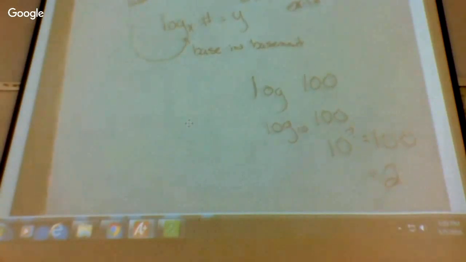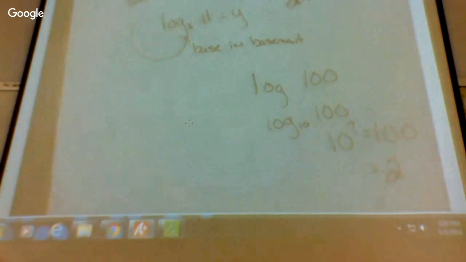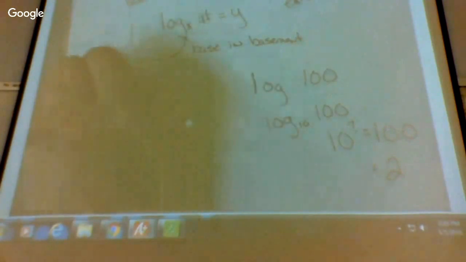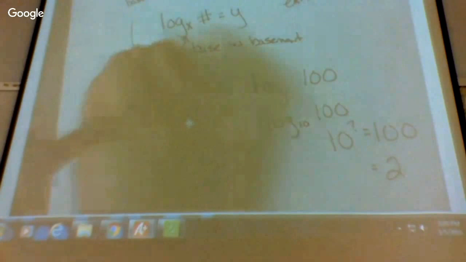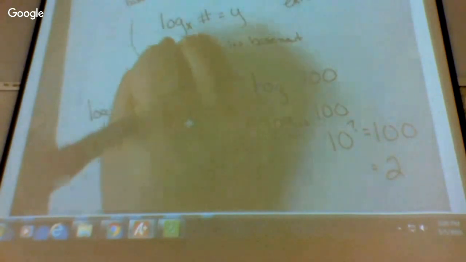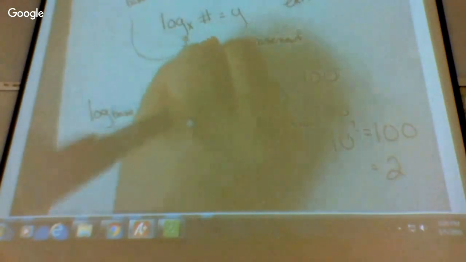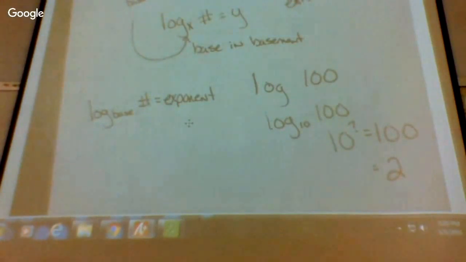I saw most of you struggle with actually switching between the forms. I think you made it harder than it is. So always remember it's log base of some number equals your exponent. So writing it like that helps.